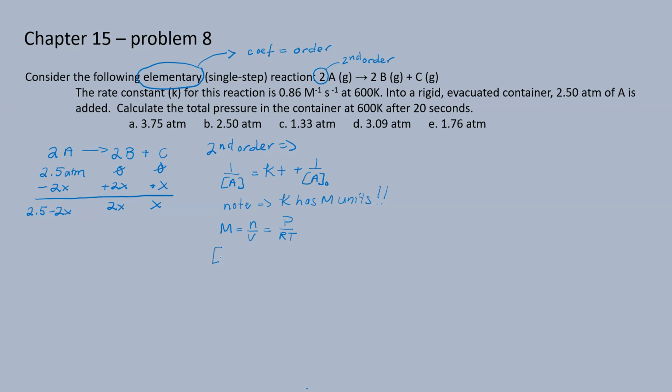So the molarity of A initial is 2.5 atmospheres over little r and the temperature is 600 Kelvin. So the initial concentration of A ends up being 0.0508.